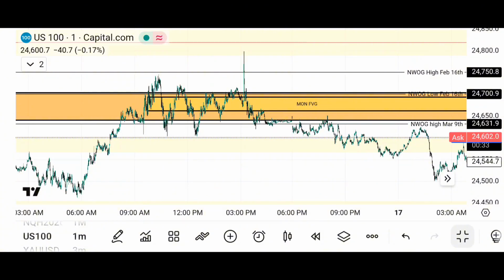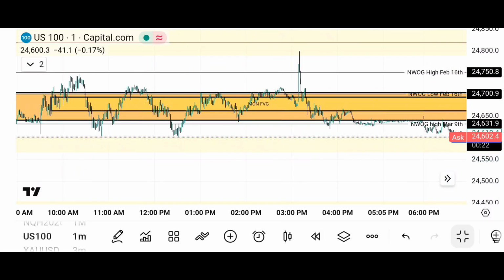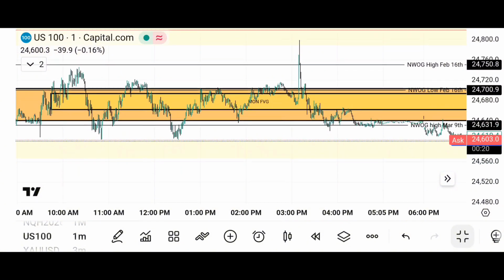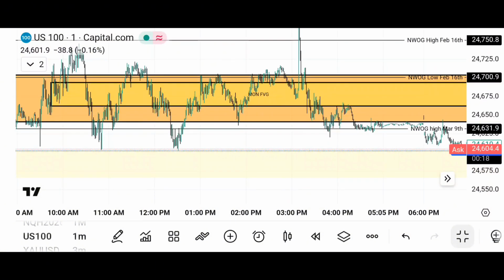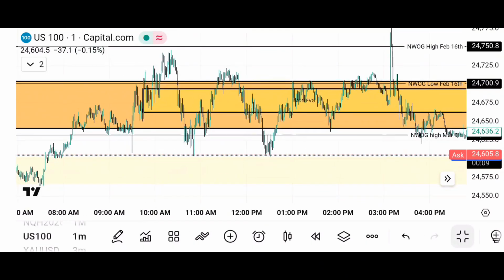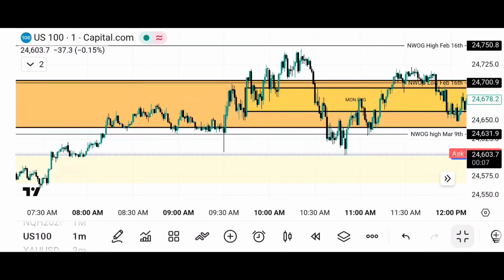Those of you who are familiar with ICT's concept, Michael Huddleston's concept, already know the breaker. But for the sake of the backtest, since I'm going to be using it in my backtest as well, I have to explain what the breaker is, how to identify the breaker, and also how to use the breaker while trading the 2022 model.